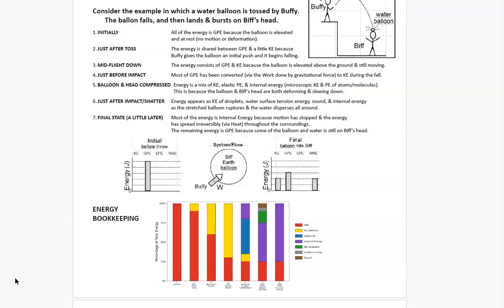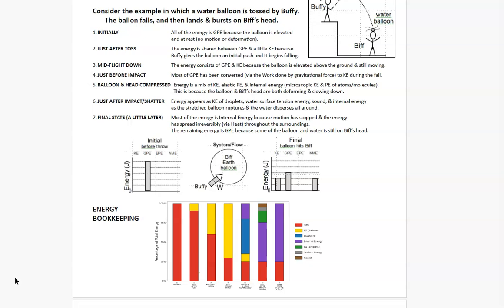In yellow is the kinetic energy of the balloon. In blue, the elastic potential energy. In purple is the internal energy. So this includes thermal energy and the various molecular movements with the water as they're flying around and eventually landing on Biff's head.